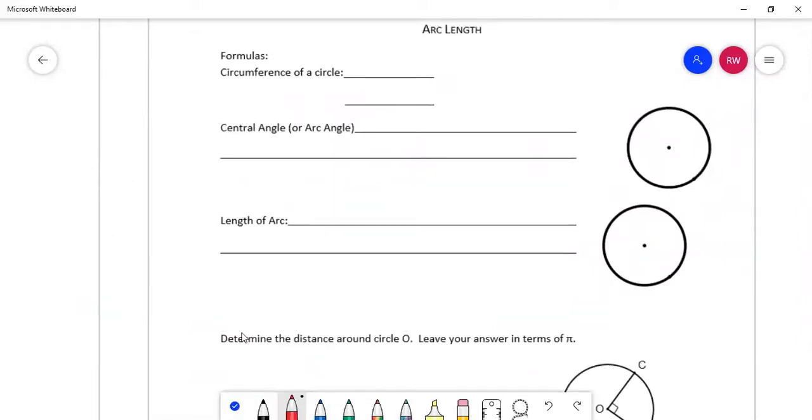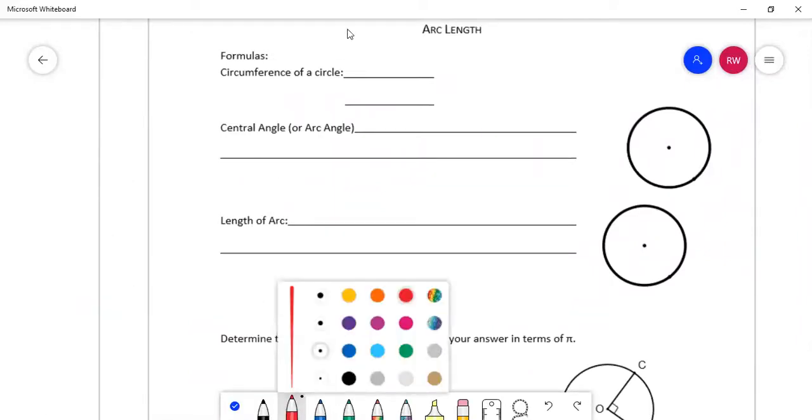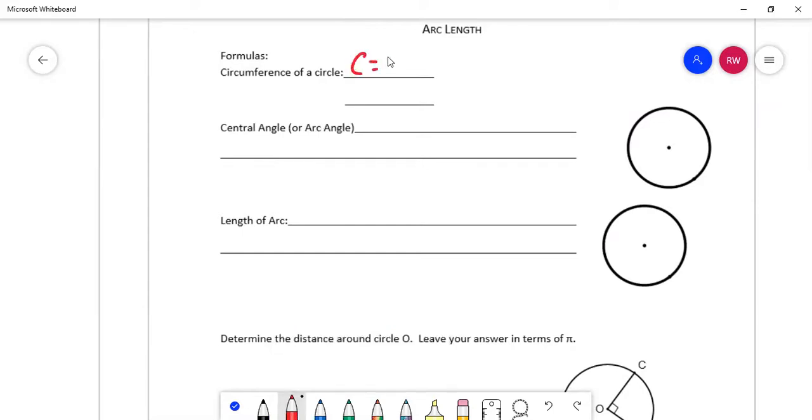Okay, so we're going to start off. Arc length. The circumference of a circle. We know the formulas are C equals 2 pi r, and C equals pi times diameter. Now, a couple of quick definitions.